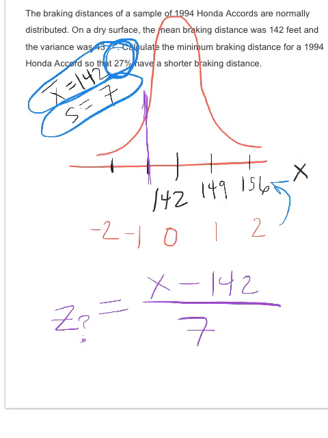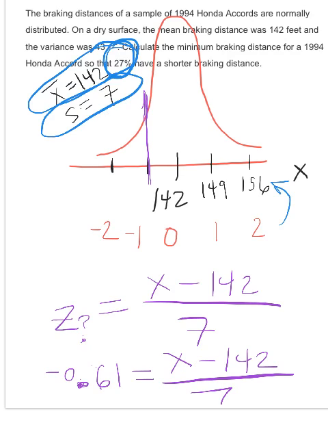So we have a two-step equation here to solve. Negative 0.61 z-score equals x minus 142 divided by 7. What we want to do is get back to z. We have z world for once, and we want to get to x world.